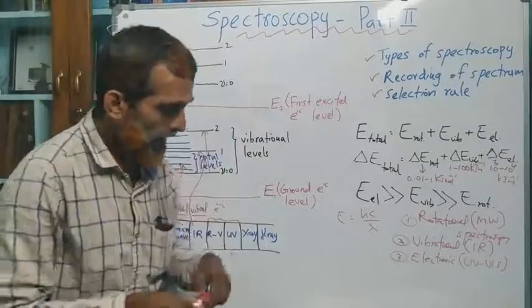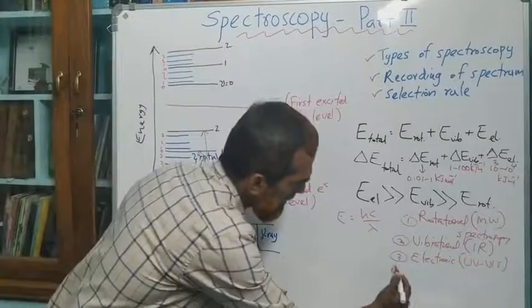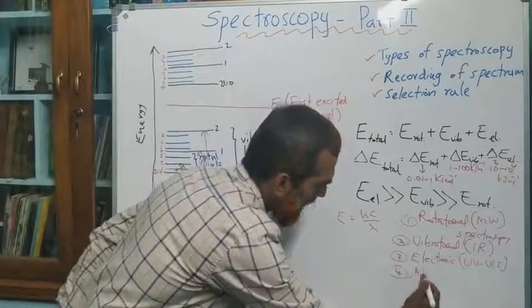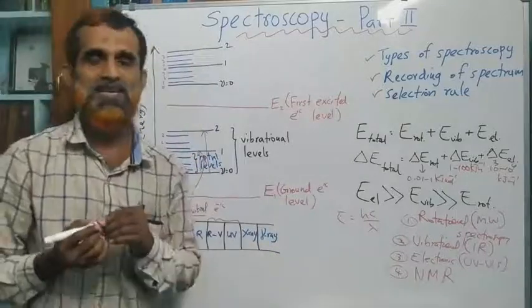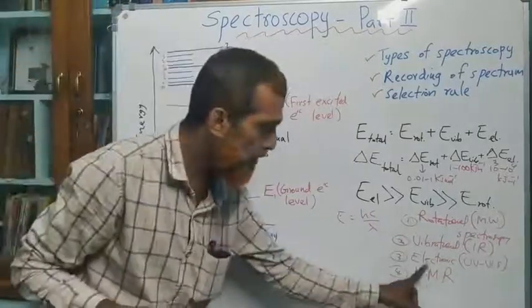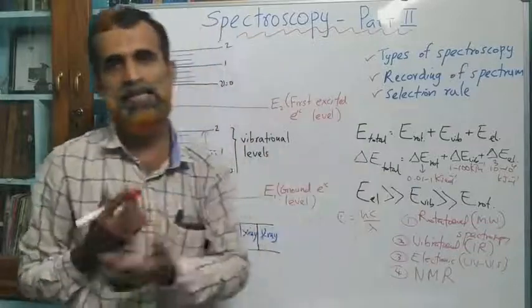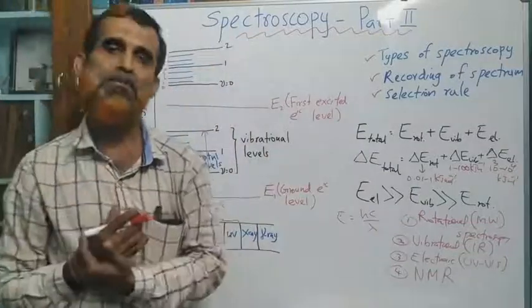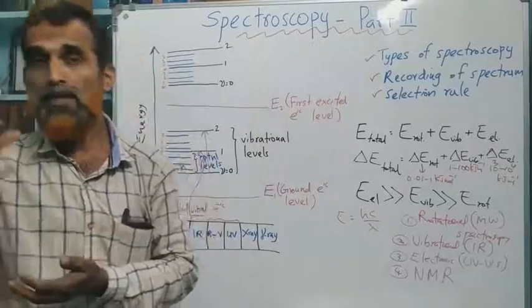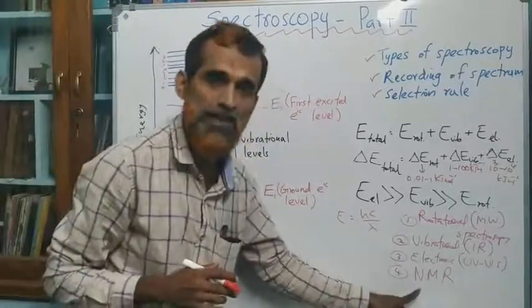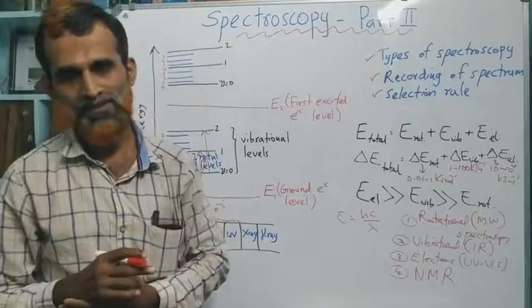Whereas we have another type of spectroscopy to discuss in our syllabus, a very special type, that is NMR spectroscopy, which is different. As the name indicates, nuclear magnetic resonance. It's a magnetic type of interaction between the radiation and the nucleus. Here it is related to the nucleus, the magnetic property of the nucleus.